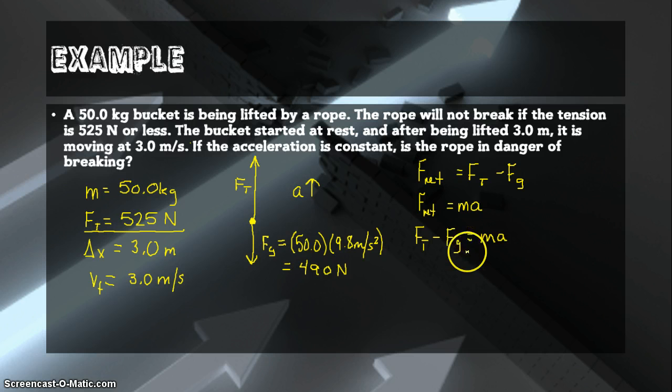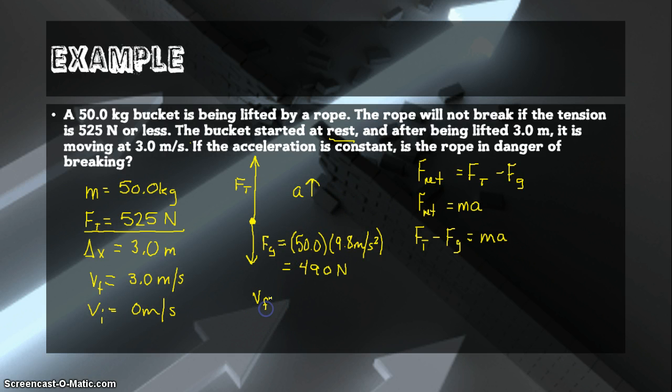The problem is we don't know the acceleration, but using our kinematics from last chapter, we should be able to find it. We have a final velocity, a displacement, and we have an initial velocity because it started at rest. So let's use our kinematic equation that involves those variables.